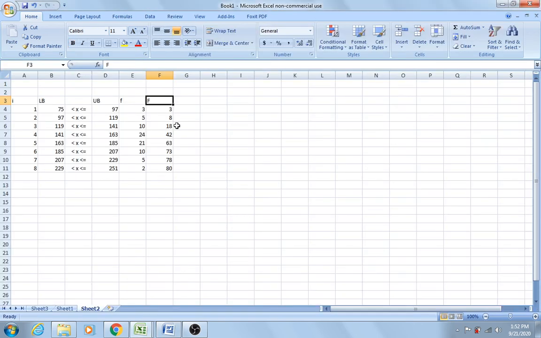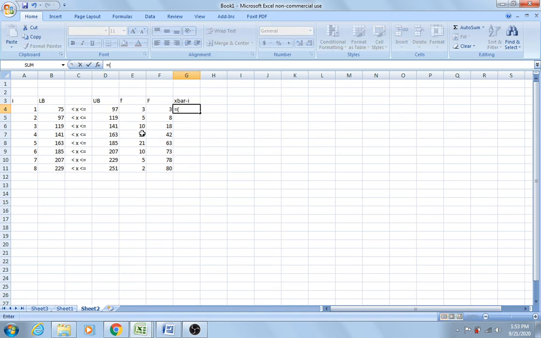So the first thing I need to do is calculate x bar sub i. This is the middle point of the first interval. I is the interval, so I equals 1, this is interval number 1, 75 less than x less than or equal to 97. So we just calculate the middle point of it.